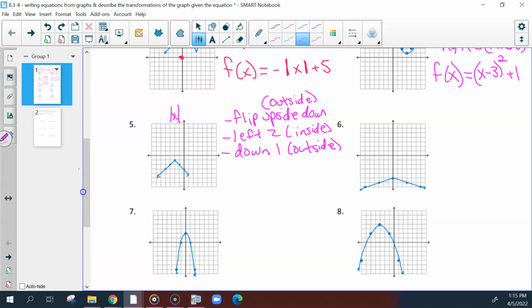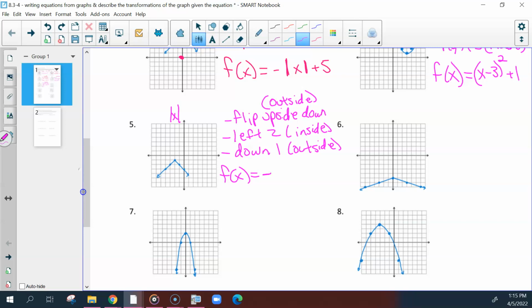Now that we know those things, we can use them to write our equation. So f of x, how would we write that it flipped upside down? What would show that? We would have that negative, on the outside.